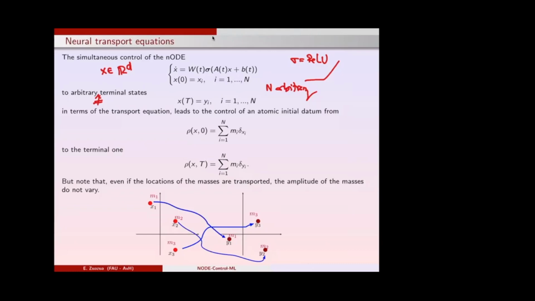How will the controls behave? You try to get very, very close to a configuration that is impossible to be achieved exactly. Then the controls have to blow up as epsilon goes to 0, right?